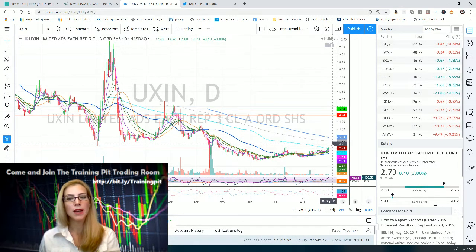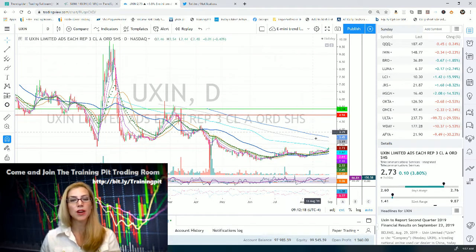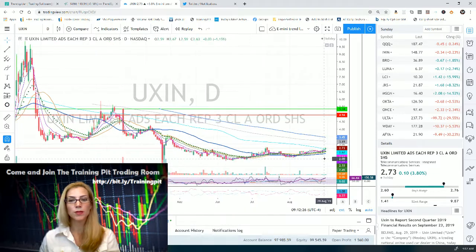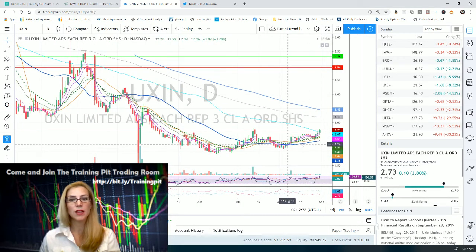So this might have a nice potential move, especially when it breaks the high over here of 2.75, right? 2.80, 2.80. So if we can see this close above 2.80, I think it's going to continue to swing on up just on technical analysis alone, not on fundamentals or value behind it. So just keeping it on watch for the stock chart. You know, it's found that nice movement and curling up right there.